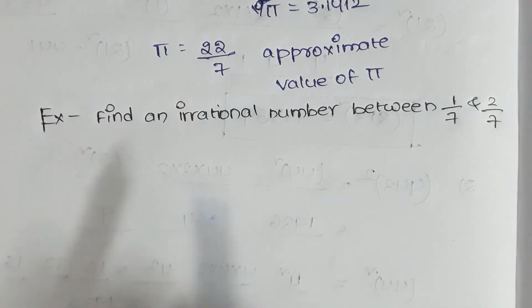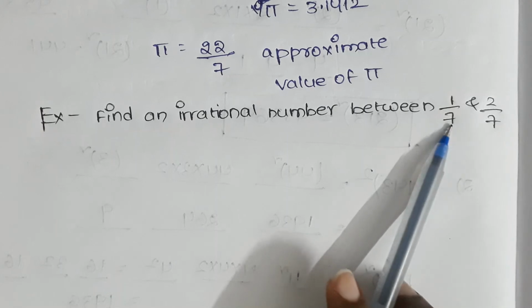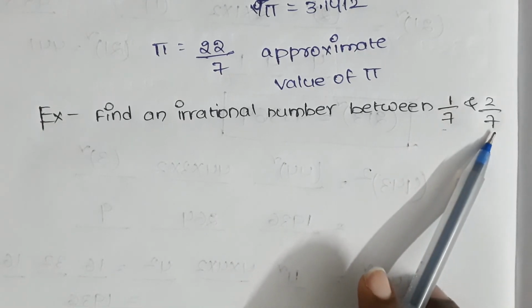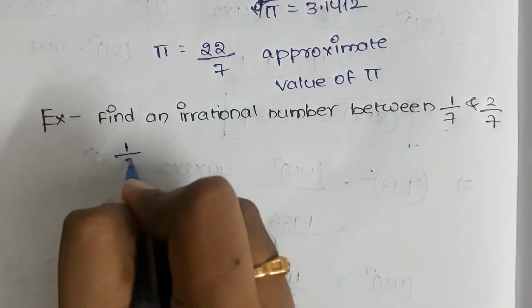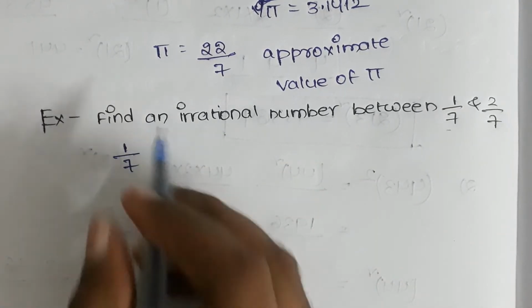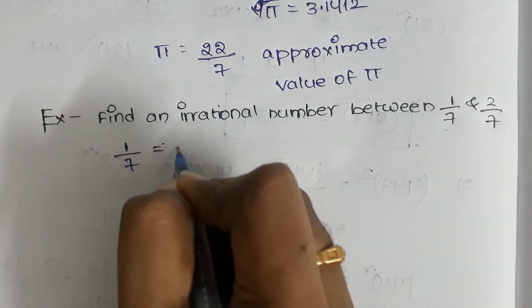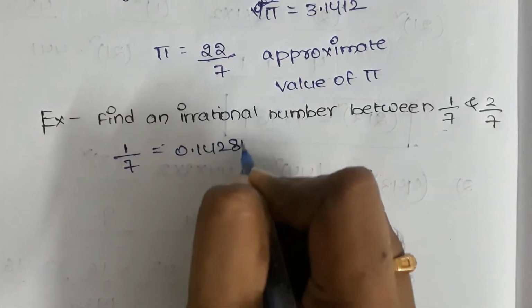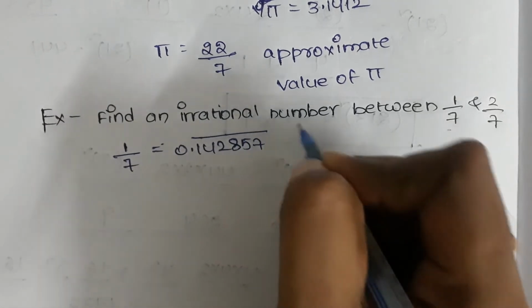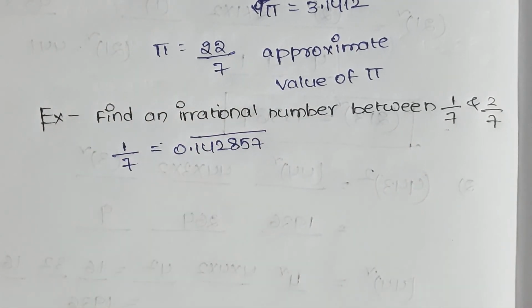As we know, 1 by 7 and 2 by 7 are rational numbers. Now the decimal expansion for 1 by 7, as already seen, is 0.142857 bar.